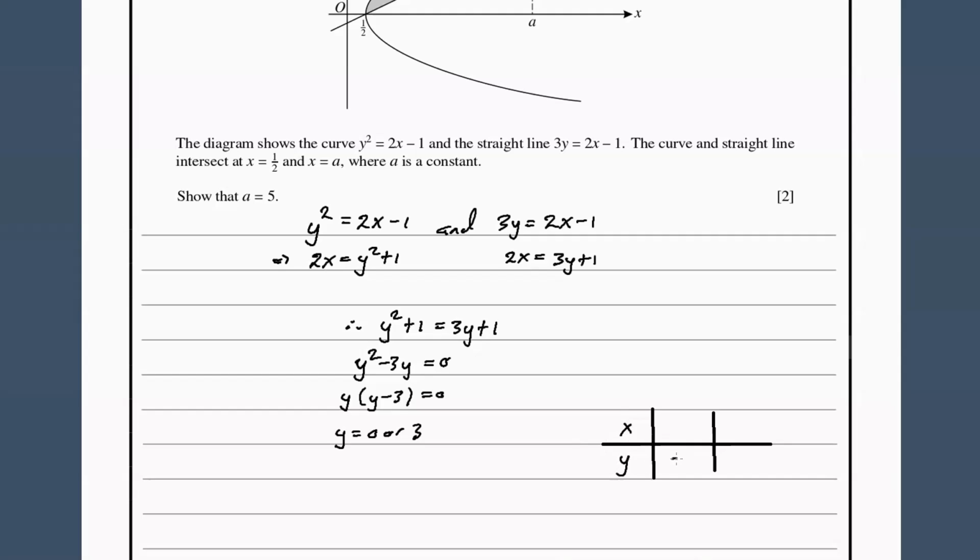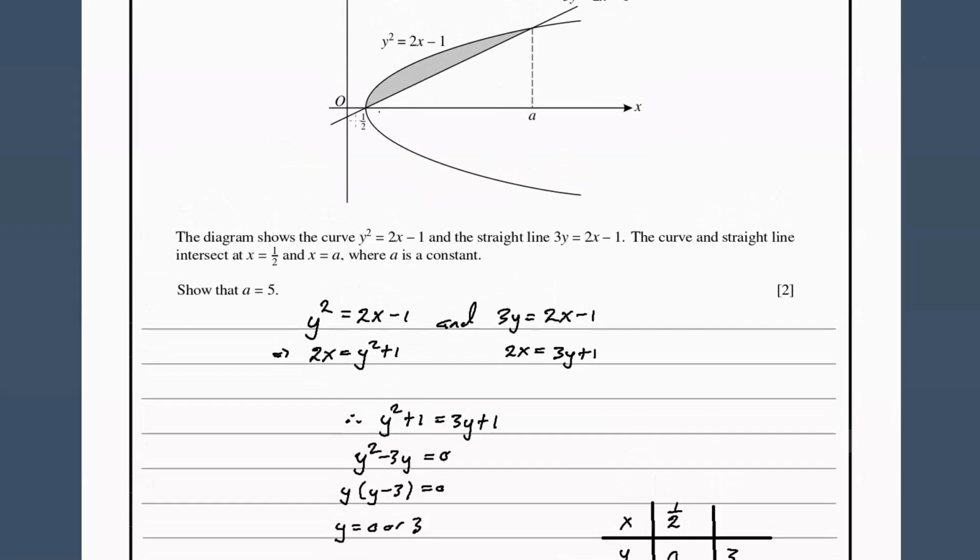The values of y are 0 and 3, and for the corresponding values of x, when y is 0, look at this equation. When y is 0, this will become 0, so 0 is equal to x minus 1, so we will get x to be a half. And we already have that value. Okay, x is a half, so this point is given. The one they want is a, which is the other x value.